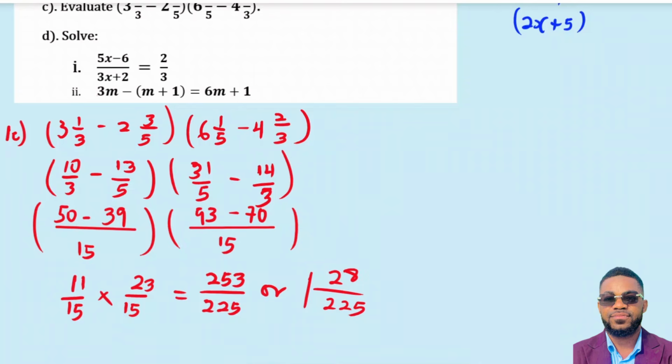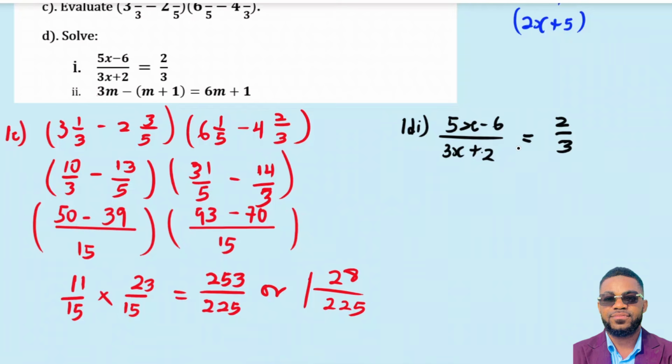That's going to be question 1di. And this is the expression we have to solve. 5x minus 6 on 3x plus 2 is equal to 2 on 3.